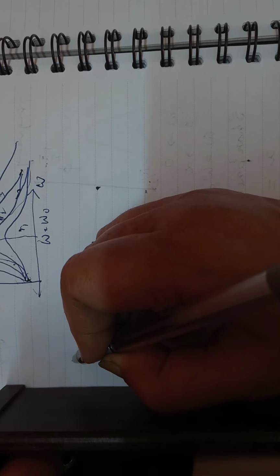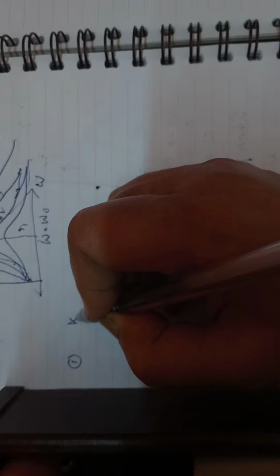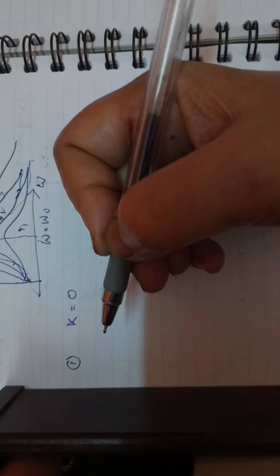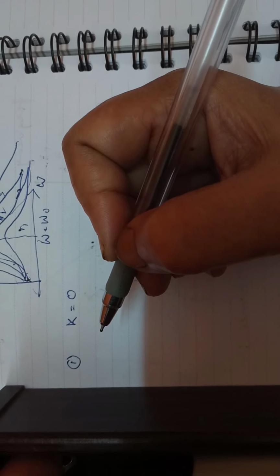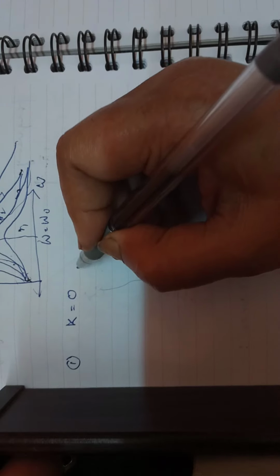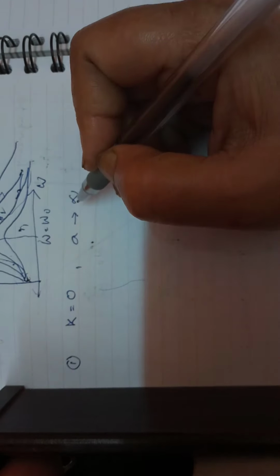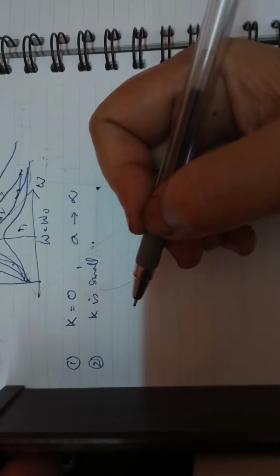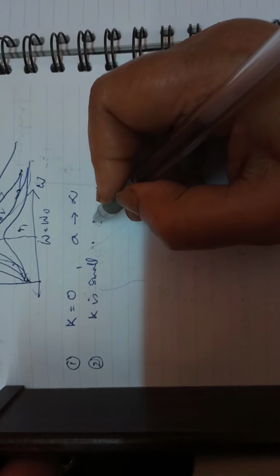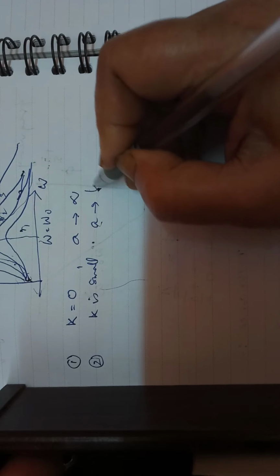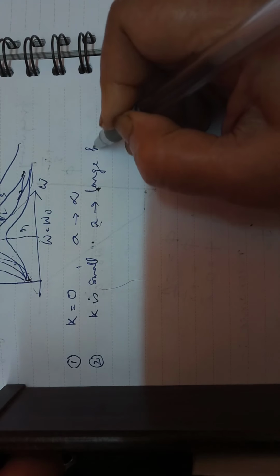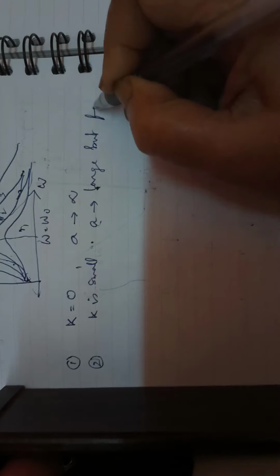When K is equal to 0, that means when there is no damping, the amplitude at resonance becomes infinite. When the damping is small, when K is small, the amplitude is sufficiently large but falls off rapidly.